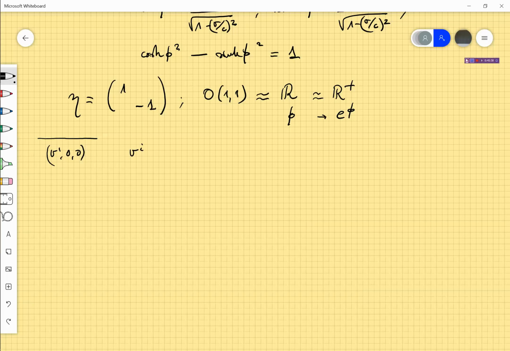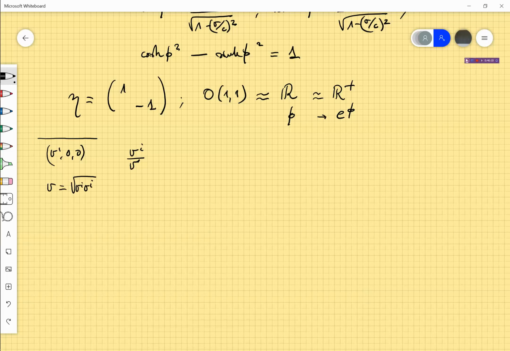The only thing that you have to do is to understand that you can use vi to project the general formula in directions parallel to the speed, to vi. You just multiply by vi divided by v, where v is the square root of vi vi, so the absolute value.